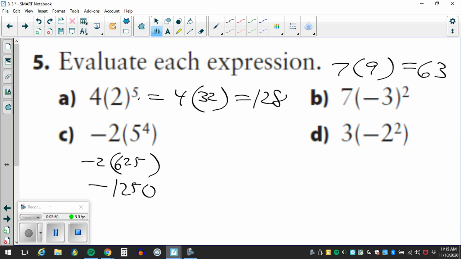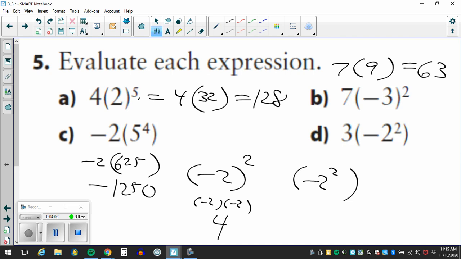And finally, your last one, D, the coefficient of 3, and then in brackets you have an entire power. Now you need to be aware that this is defining the base and squaring it, which means it's negative 2 times negative 2, which is a positive 4. However, the reason why the brackets are there is to separate the coefficient of 3, or the multiplier of 3, from the entire power.